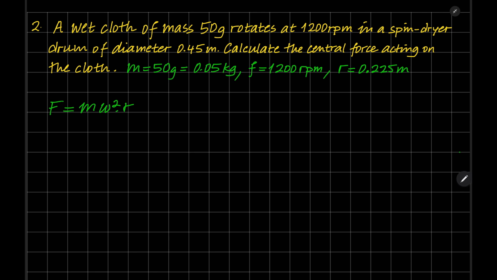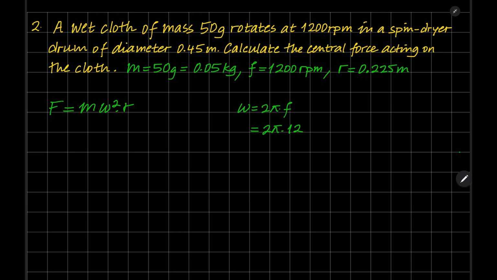Now we have to calculate the angular velocity first. The angular velocity is equal to 2 pi times frequency. It will be equal to 2 pi times the frequency, 1200 revolutions per minute. We have to convert it into radians per second.